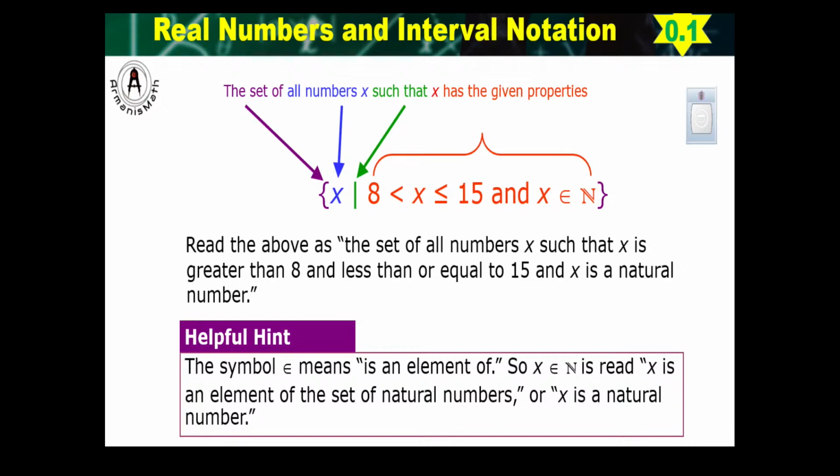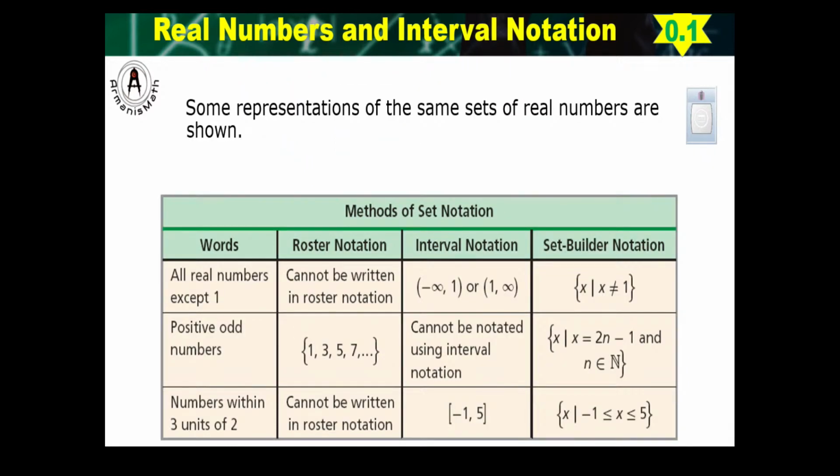This symbol is "an element of." So x is an element of N, and we could read this as x is an element of the set of natural numbers, or you could just abbreviate and say x is a natural number. We call this set builder notation, or set notation. Both mean the same thing.